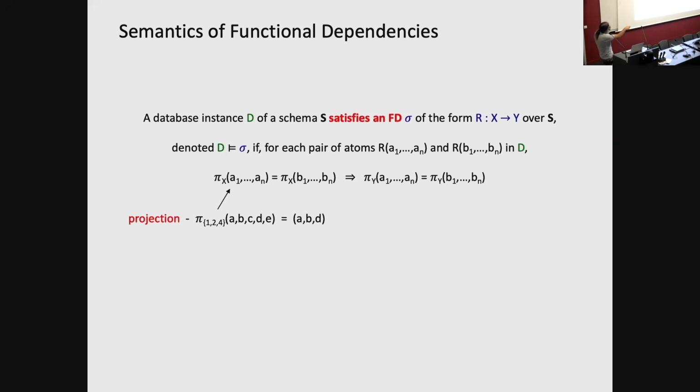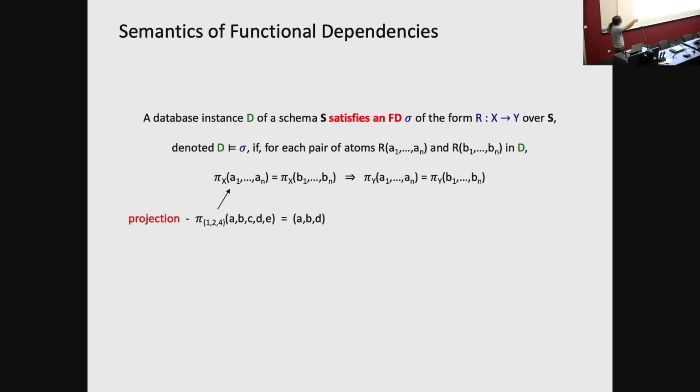Whenever we have two R atoms of this form in D, and recall that the database for us is a set of relational atoms, so a table can be seen as a set of relational atoms, then the following should hold.